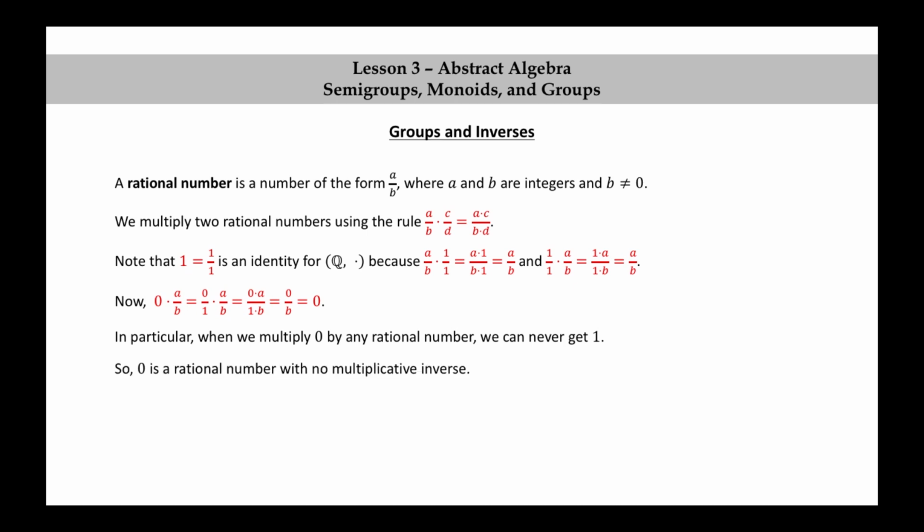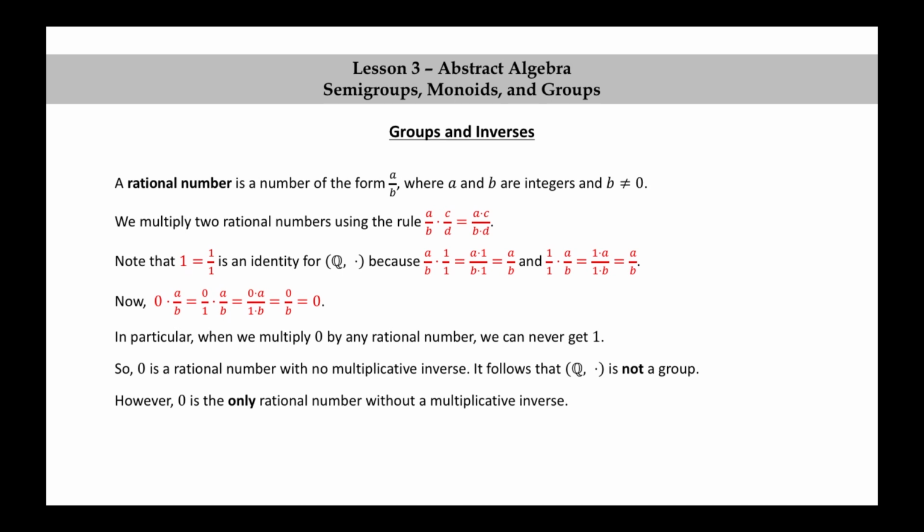So 0 is a rational number with no multiplicative inverse. It follows that the set of rationals together with multiplication is not a group. However, 0 is the only rational number without a multiplicative inverse. As an exercise, you should show that Q* together with multiplication is a commutative group, where Q* is the set of rational numbers with 0 removed.